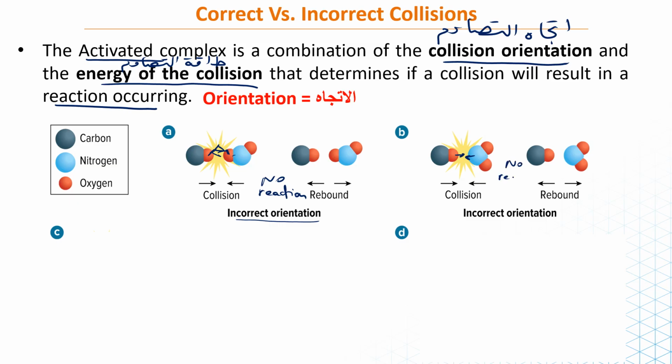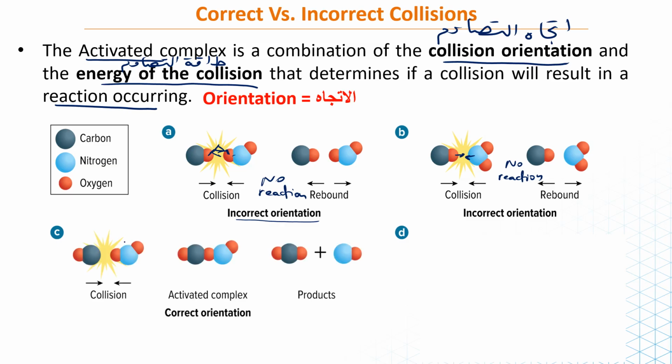Again, no reaction. ليش؟ لأن الاتجاه خطأ. Now, if the red from here and the carbon or gray from here collide, this is correct orientation. اتجاه صحيح. So they are going to form activated complex, and then the activated complex will form products.